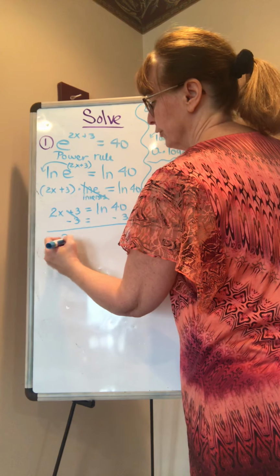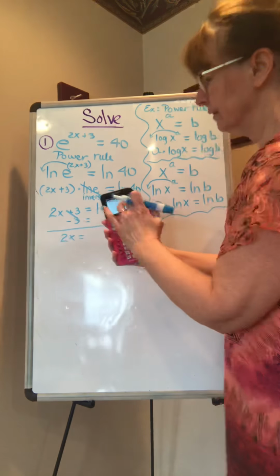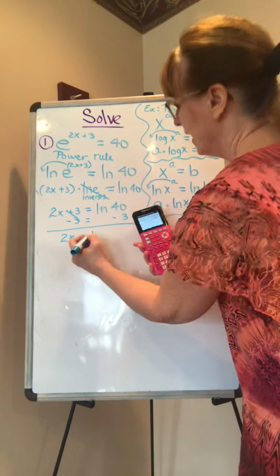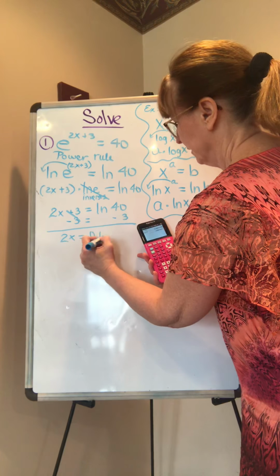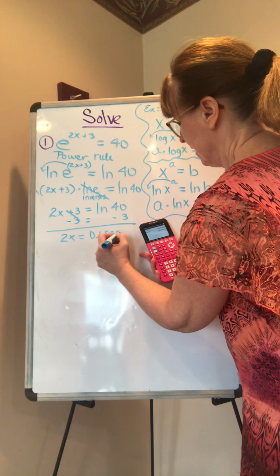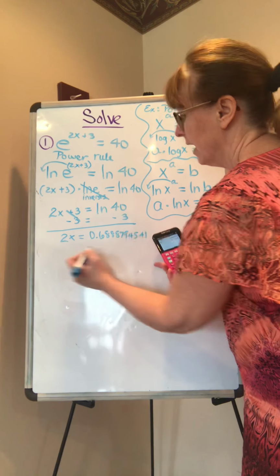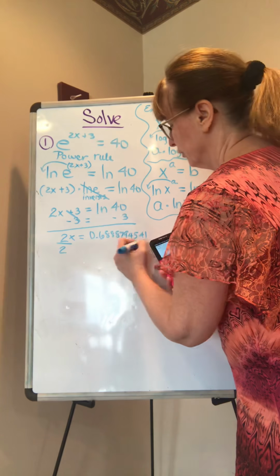And the left is 2x. And now with this number on the right, I'm going to minus 3 and hit enter. And now I have 0.68887945541. I'm going to divide both sides by 2.